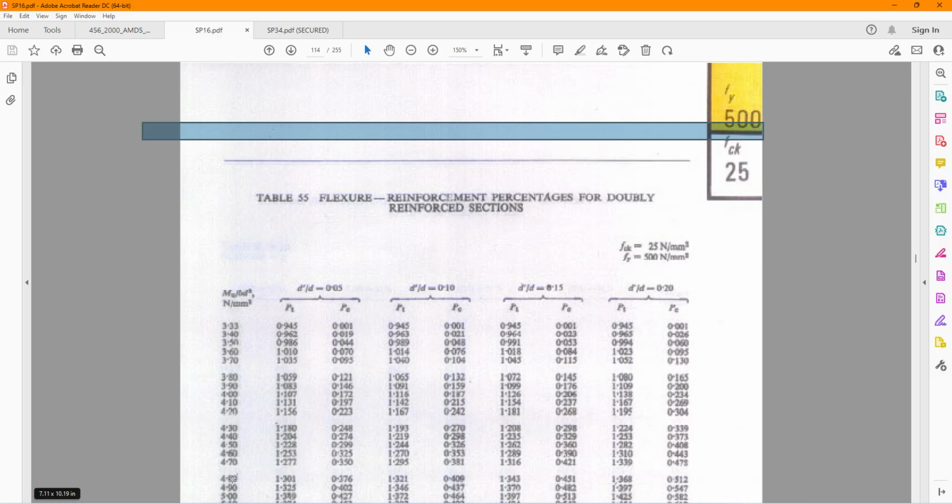So for 4.80, note down the PT and PC values, the percentage of tensile reinforcement and percentage of compression reinforcement. PT is 1.321 and PC is 0.409.